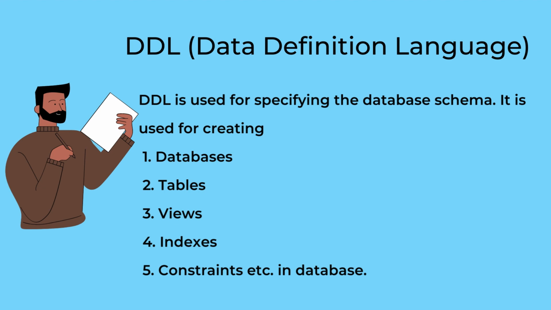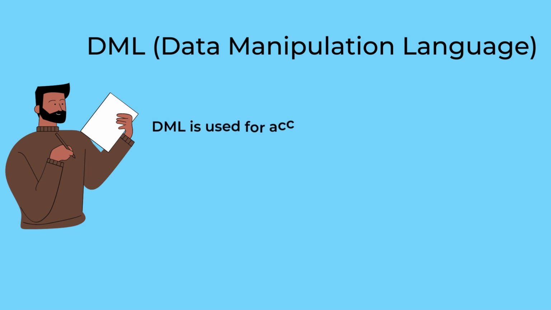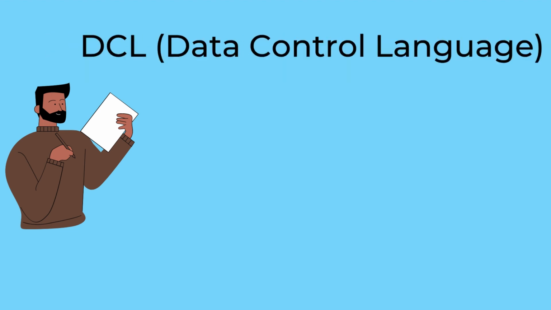Some examples of objects of databases are tables and views. It is also used for creating indexes, and we can also impose constraints in the databases. Coming to DML, which stands for data manipulation language, this language is used for accessing and manipulating the data in the databases.